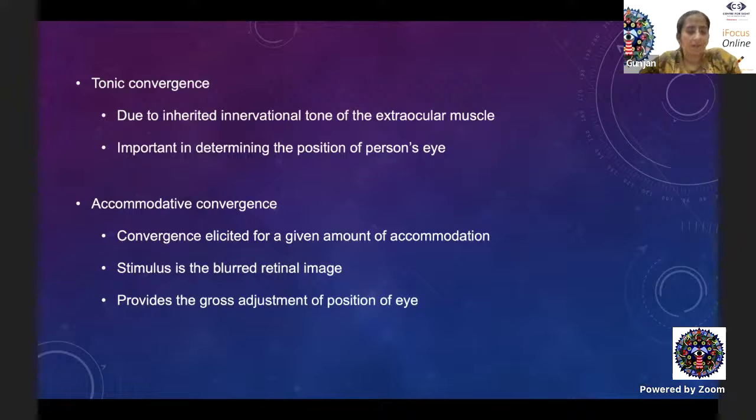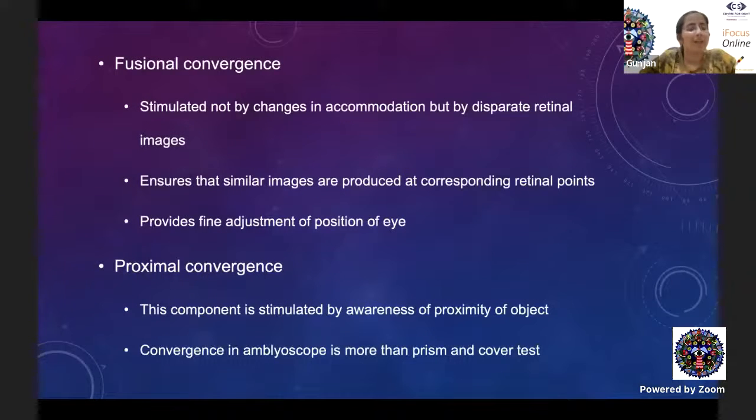Whereas accommodative convergence is, whenever we are accommodating, a given amount of convergence is also taking place. The stimulus for this is also the blurred retinal image, and it provides the gross adjustment of the position of the eye when accommodation is taking place. Whereas fusional convergence is stimulated not by changes in accommodation, but by disparate retinal images, and it ensures that similar retinal images are produced at the corresponding retinal points, thus providing fine adjustment of the positions of the eye.